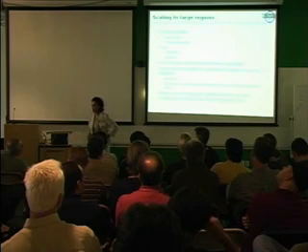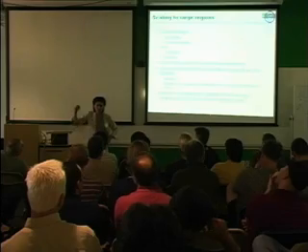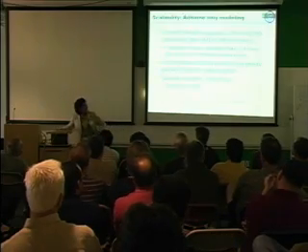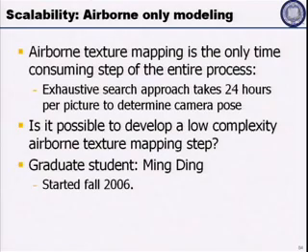However, for airborne-only models, as was pointed out during this talk, the pose estimation for helicopter images is still a big problem. And that's one of the things that was the 24-hour thing that I was talking about. Your choices are 3.4 million years, 24 hours, or 40 seconds, depending upon what kind of equipment you have on the helicopter.